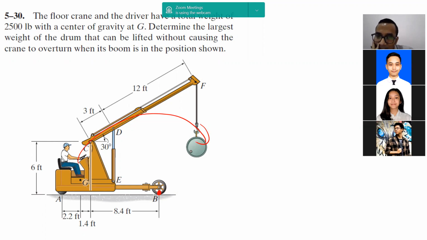Correct or not, Audrey? Wait, sir, I'm still confused. What's the difference between point C and D? Point C is here, right? Point D is here. No, but the center of rotation, when it rolls forward, most likely will be here, Audrey.